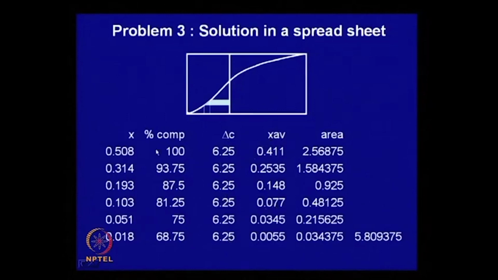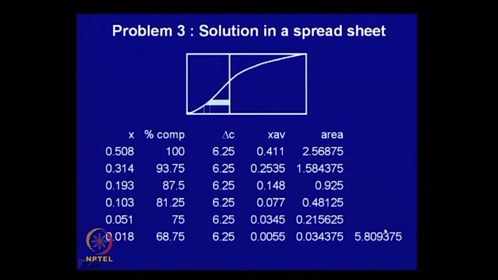Then you can find the average of this distance, which is listed here, and then you can find the area. Look here, you have found the area almost up to this point, and you can add that area. This is the area of the small element, somewhere here, and the next one will be the next element. So, this is how you can set up your spreadsheet, and you can sum all this and you get this area.